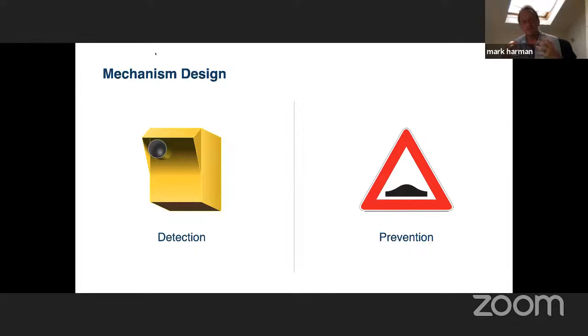Now, in mechanism design, we're interested in putting virtual speed humps into software. But the interesting thing here is that software is so much more flexible and subtle and malleable than the physical engineering materials that we build a road with.